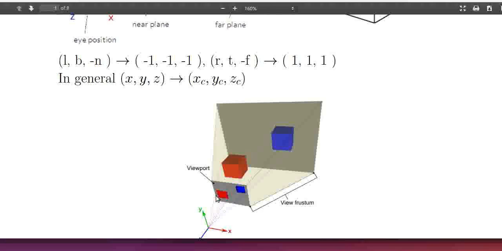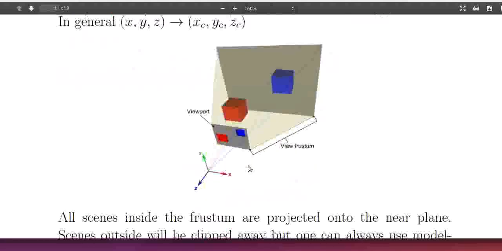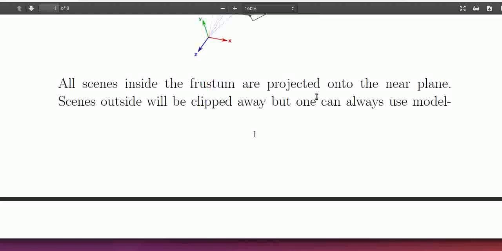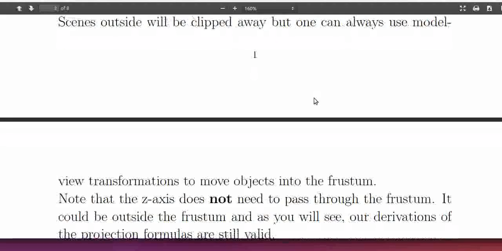All the scenes inside the frustum are projected onto the near plane, and scenes outside will be clipped away, but one can always use model view transformation to move objects into the frustum.